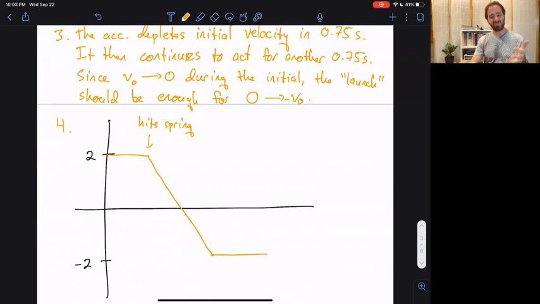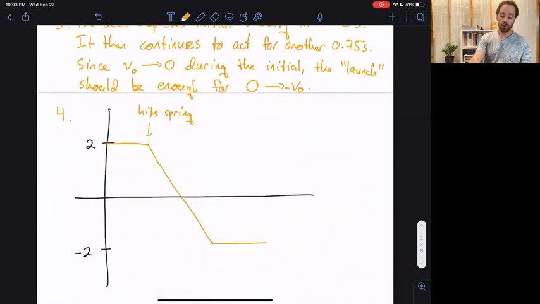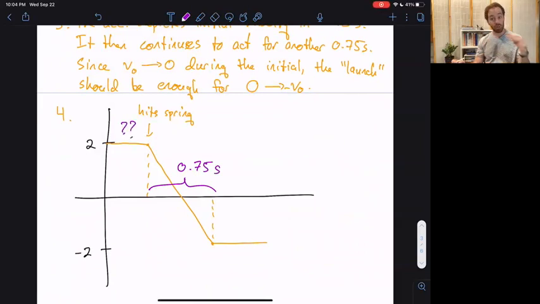In order to make this fairly detailed, I do want to label it with a length of time. So from here to here, this would be a length of 0.75 seconds. I don't really care how long the initial uniform velocity is, or how long the eventual velocity lasts. What I care about is the length of time that the ball is interacting with the spring.